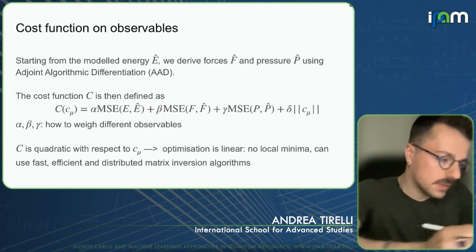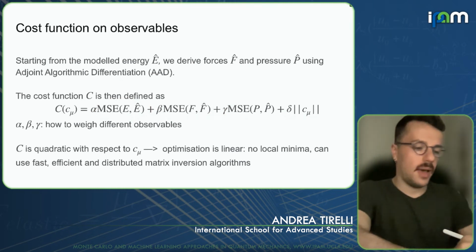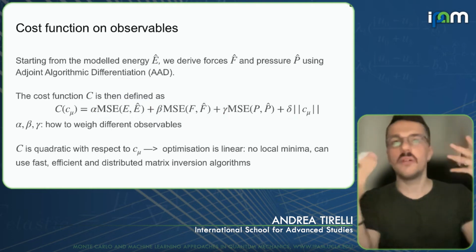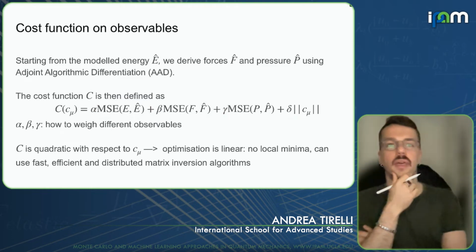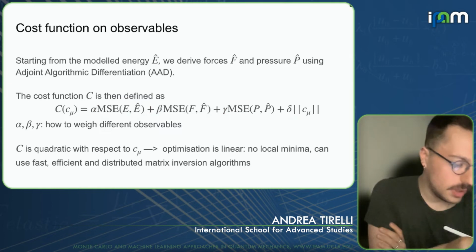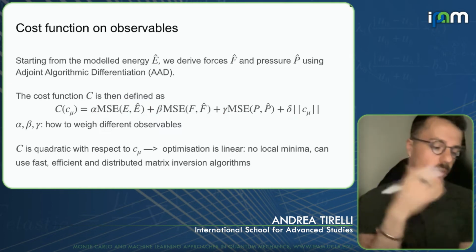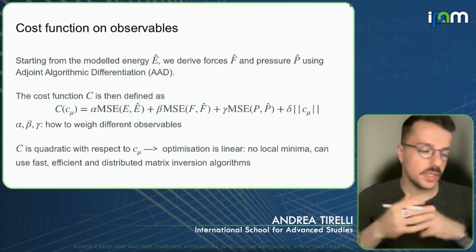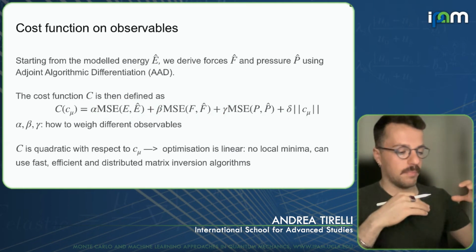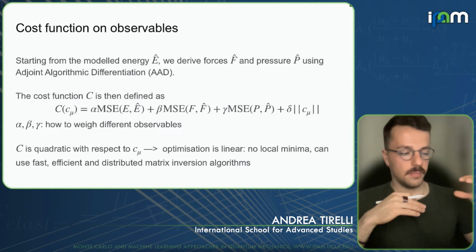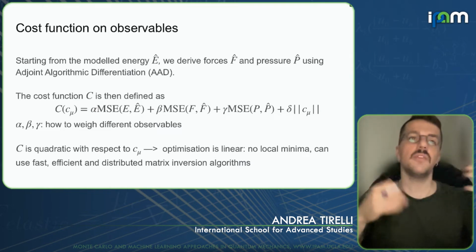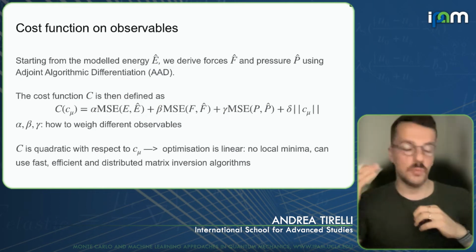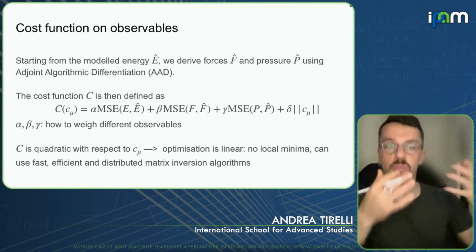With alpha, beta, gamma, and delta, these are just weights and parameters with which we can give some preference to the observables that we want our model to be best performing on.